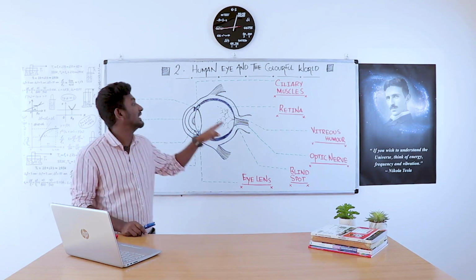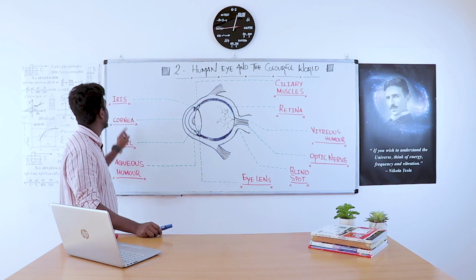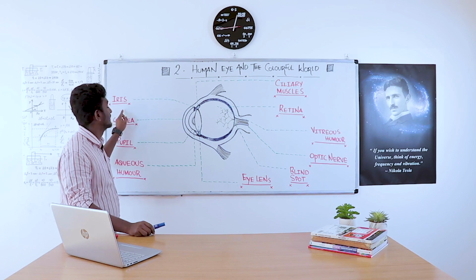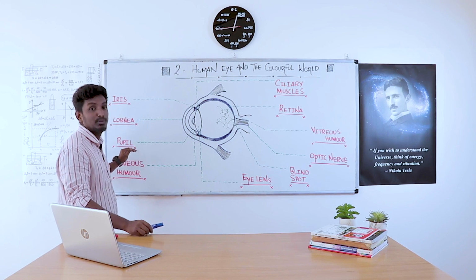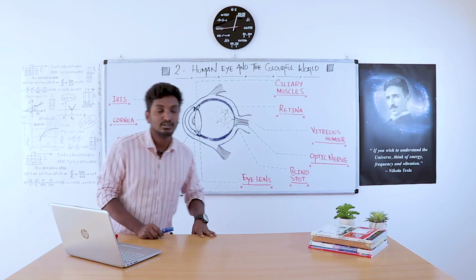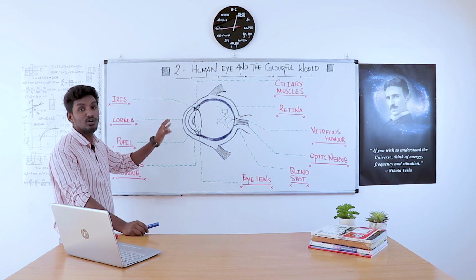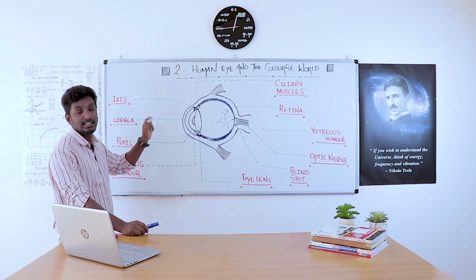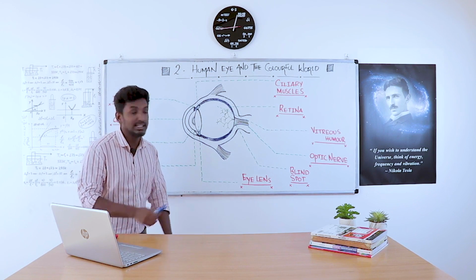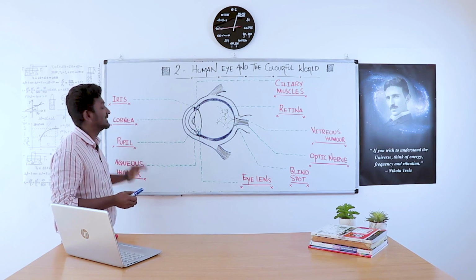One more thing we can say about pupil is that it appears black. So the 3 points related to pupil are: it is a small hole in the middle of the iris, light enters the eye and reaches the eye lens through it, and it appears black. Next is iris.